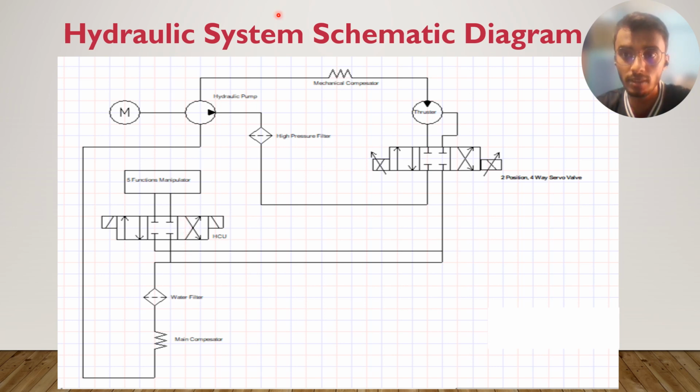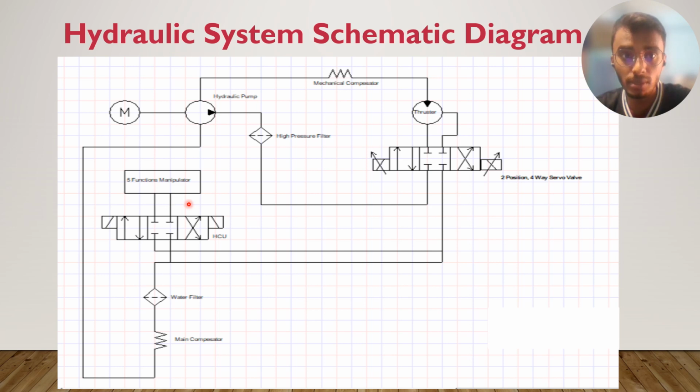So why a 5 function manipulator? It uses solenoid valves because each line has one task, such as jaw open, jaw close, elbow move right, elbow move left, etc. That's why it does not use a servo valve.